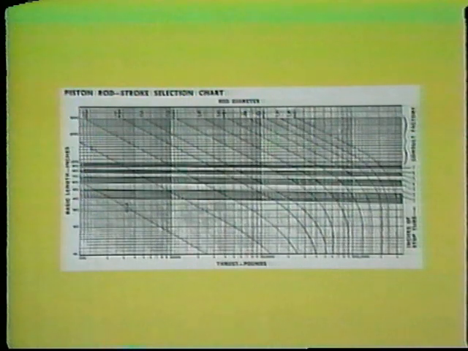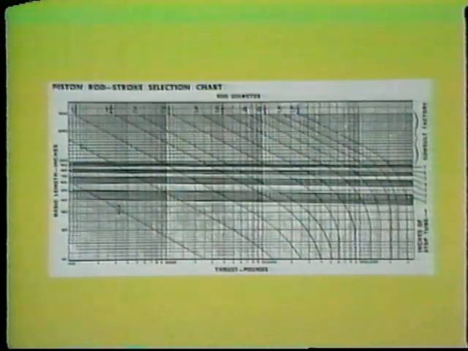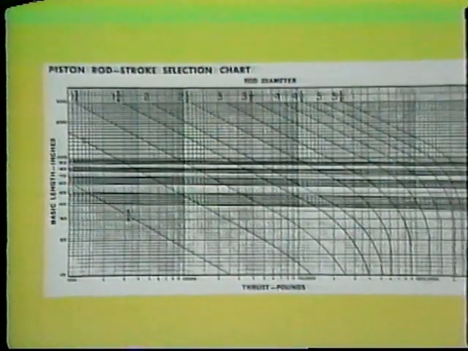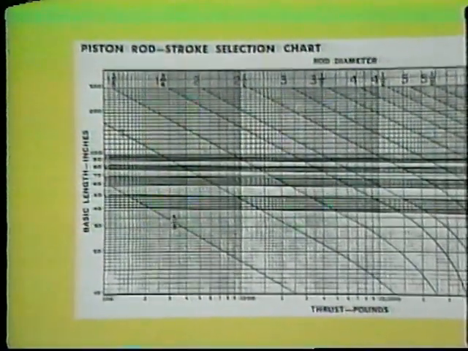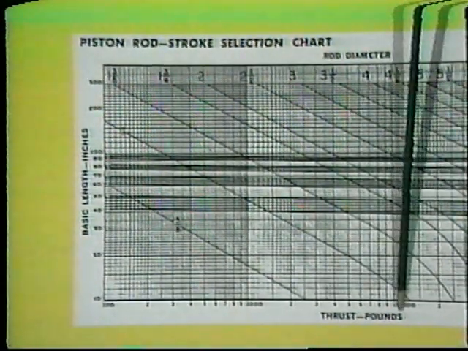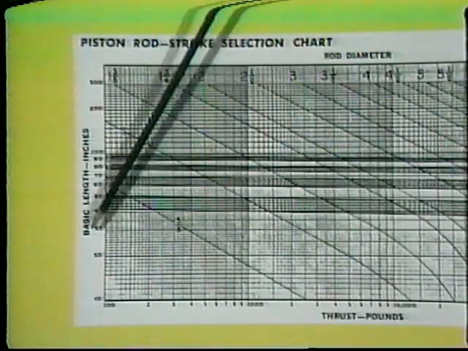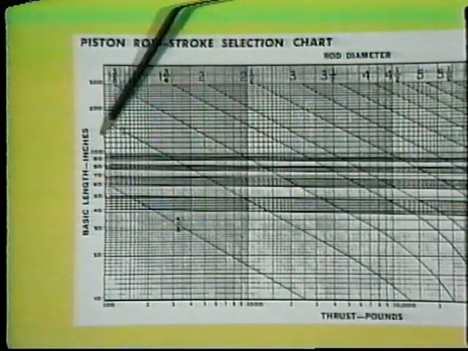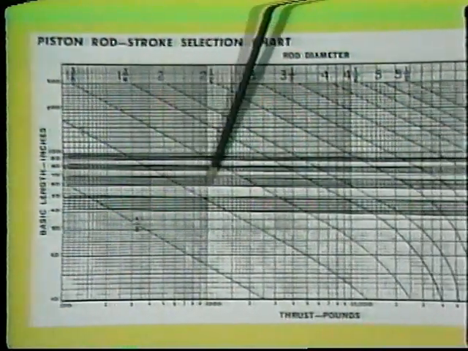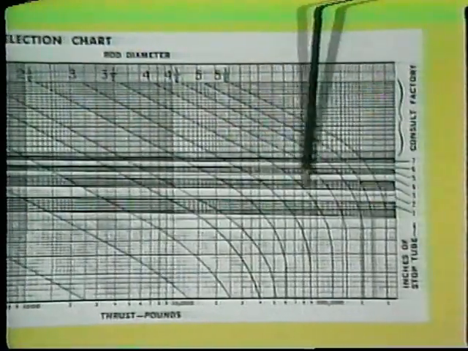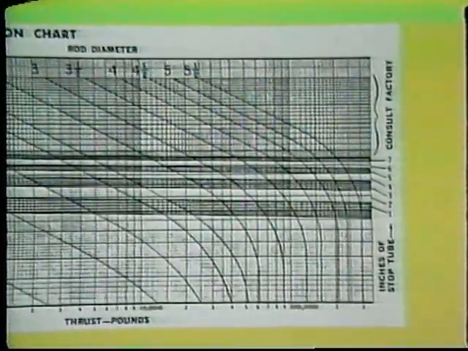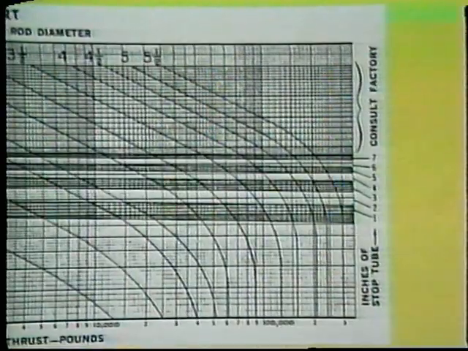It is called a piston rod stroke selection chart. It shows relationships between the actual load or thrust, the basic length, which we just calculated, and over here, the inches of stop tube that should be used. And you can see it varies from 1 to 7 inches.